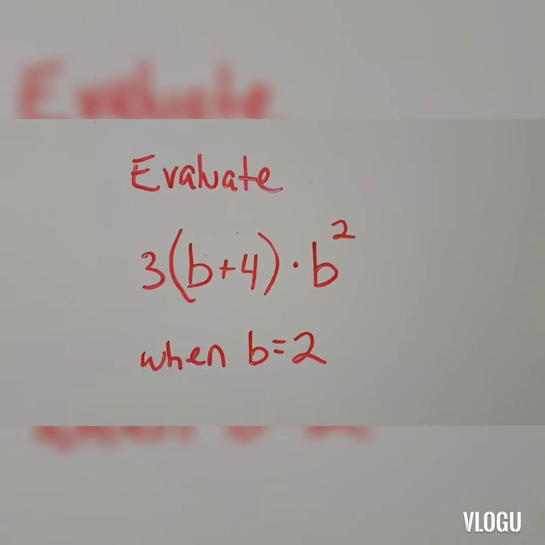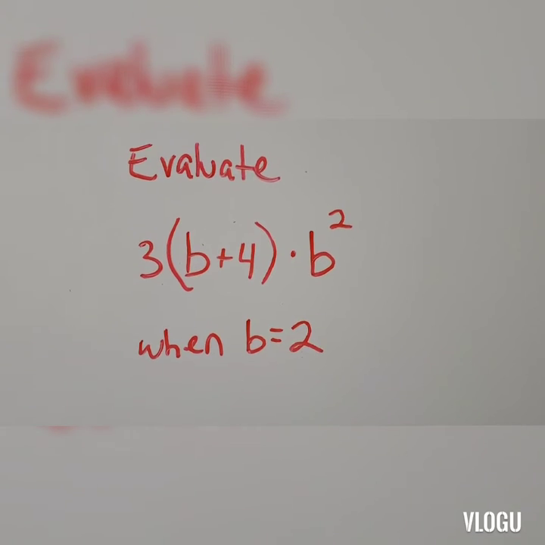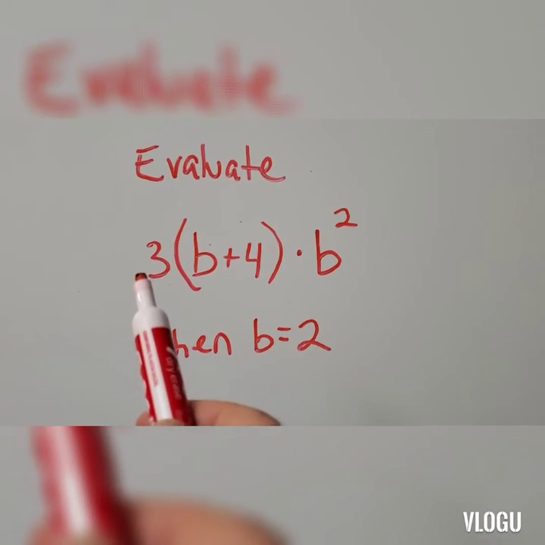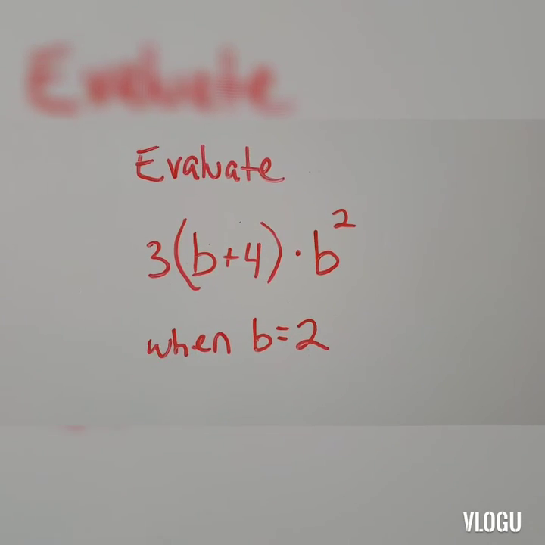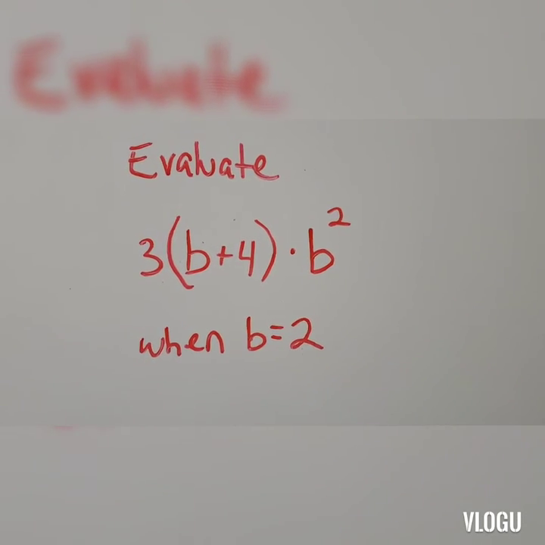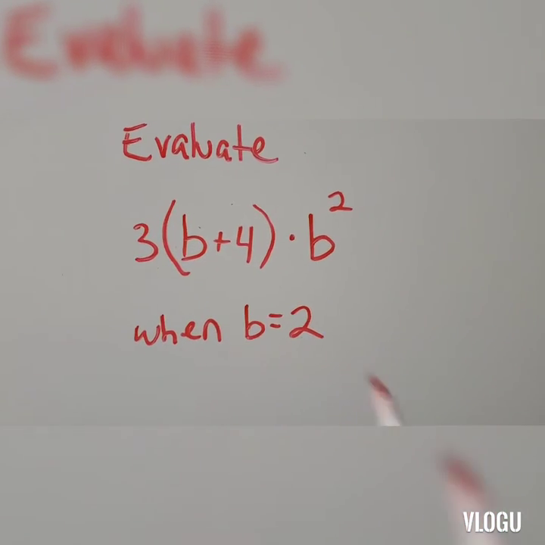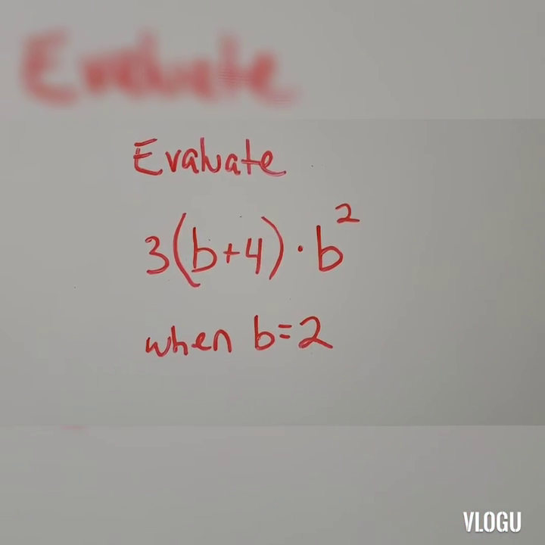You will also be asked to evaluate. An example is you have 3 times the quantity b plus 4 times b squared when b is equal to 2.